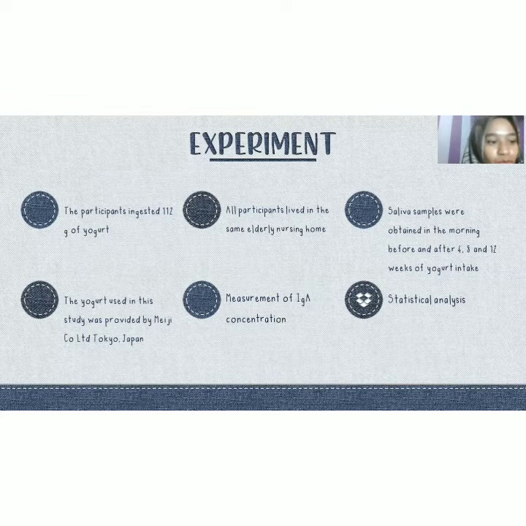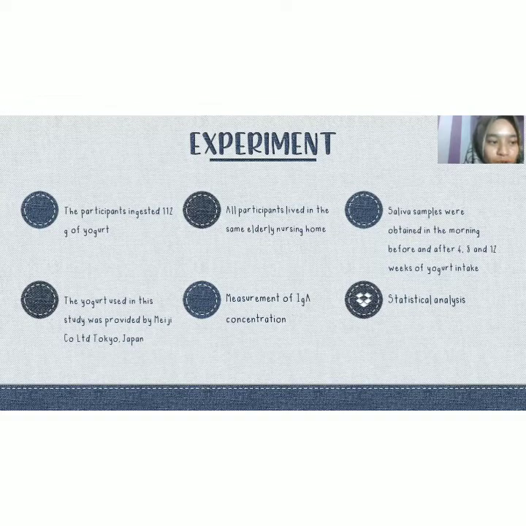The yogurt used in the study was provided by Meiji Co., Ltd., Tokyo, Japan. The yogurt was the same as the marketed product of the company. The yogurt was prepared using two lactic acid bacterial strains, namely Lactobacillus bulgaricus OLL1073R1 and Streptococcus thermophilus OLS3059.